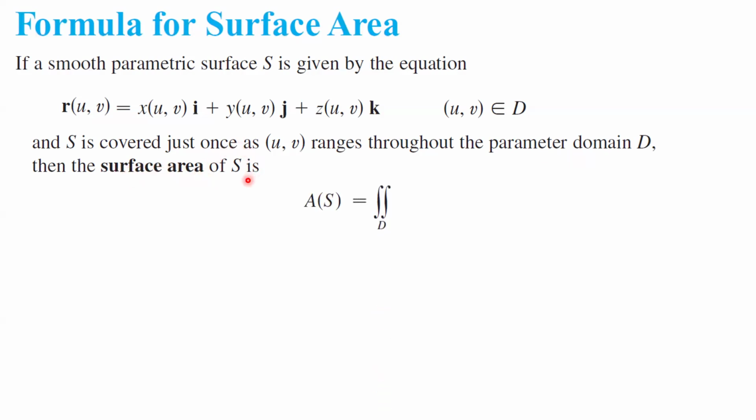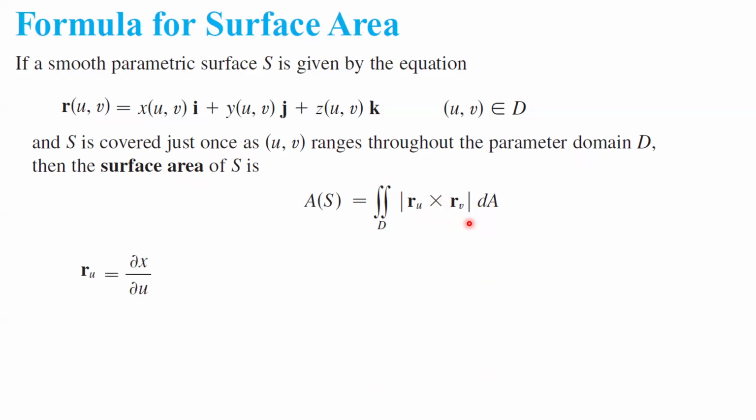A(S) is the double integral over domain D of the norm of the cross product between the derivative of r with respect to u and the derivative of r with respect to v, dA.